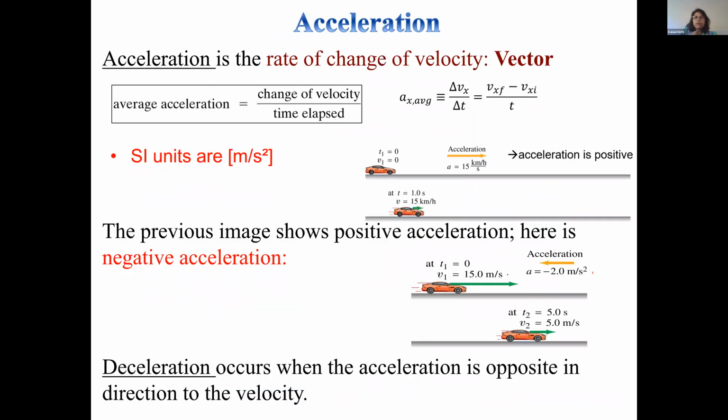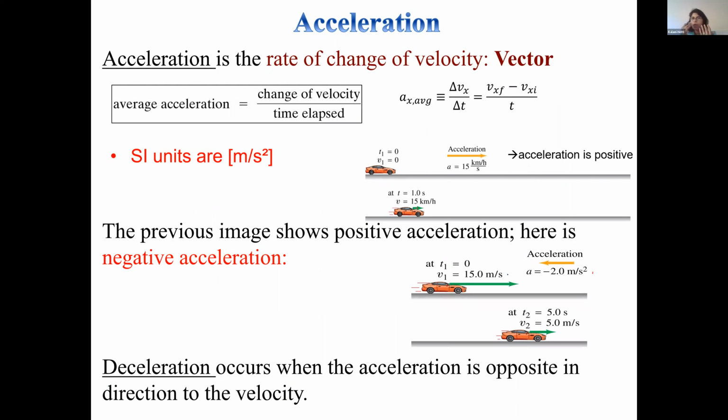Okay, so now the next one is acceleration. Acceleration is the rate of change of velocity. I talked about displacement, velocity, and acceleration, and I just want you to understand the connection of these three things together.